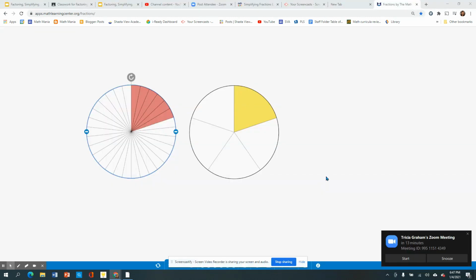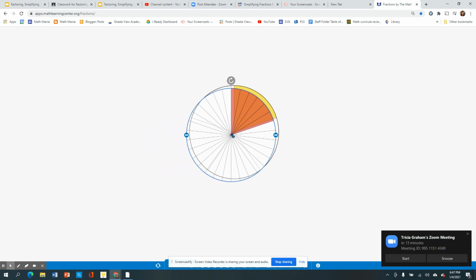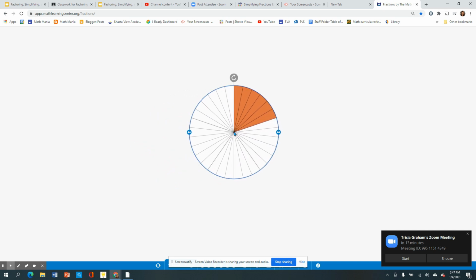So here's a model that I wanted to show you. We said that this right here is 6/30. Let's just make sure: 1, 2, 3, 4, 5, 6, and there's 30 here total. And here this fraction is broken up into fifths. If you see there, this is correctly simplified, because if I pick this up and put it on top of the other one, it is exactly the same.